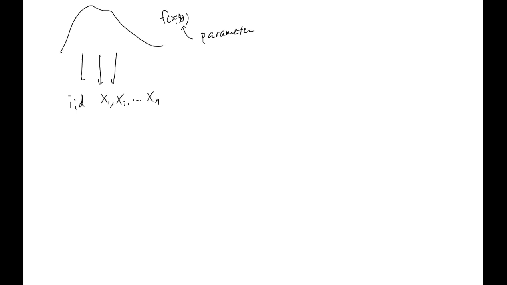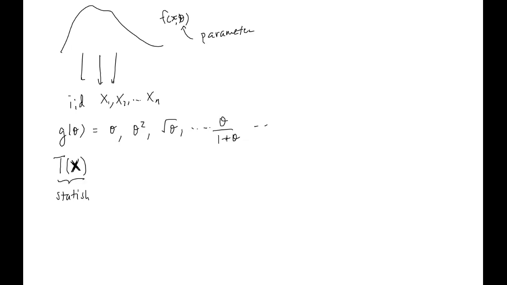And with this parameter, you can construct functions of it. For example, the simple one would be the parameter itself. You could think of something like the square root of it, or theta over 1 plus theta, anything that's a function of theta. Suppose you can estimate it, so this is your statistic, which is based on the data.